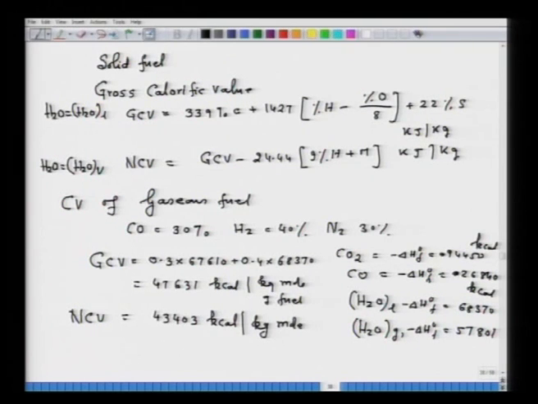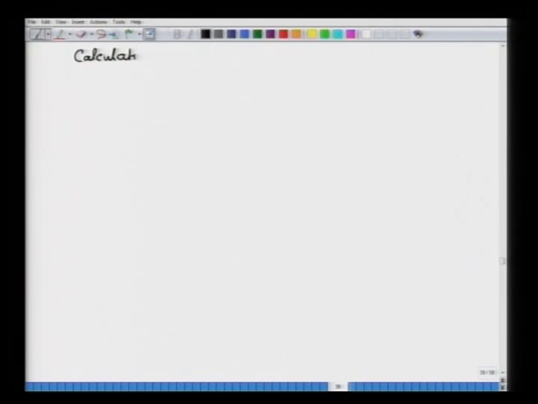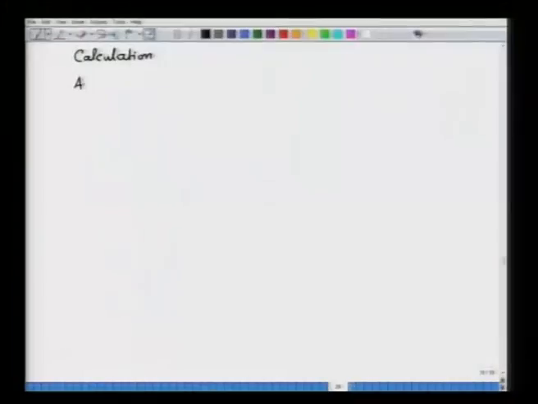Now, another important thing in case of combustion is the calculation of air. Here also you will find a detailed description in my video lecture course on fuel, furnace and refractory. I am giving a very brief account. So, let me say, calculation of air. You may use a stoichiometric amount, that is the amount which is required for complete combustion, say C to CO2, H2 to H2O.